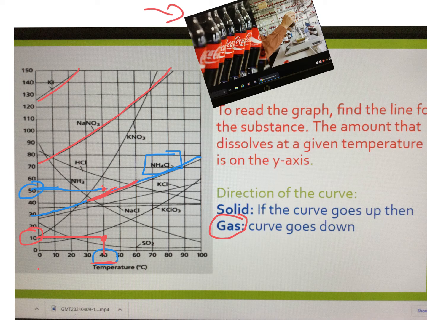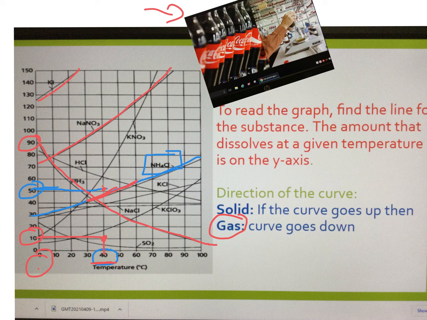Now, how can I tell it's a gas that's doing the dissolving? A gas will dissolve more if it's at a low temperature. And it's going to have more grams that are being dissolved. So look at this one. You have 90 grams that are being dissolved. The higher the temperature gets, the less of that solute is being dissolved.